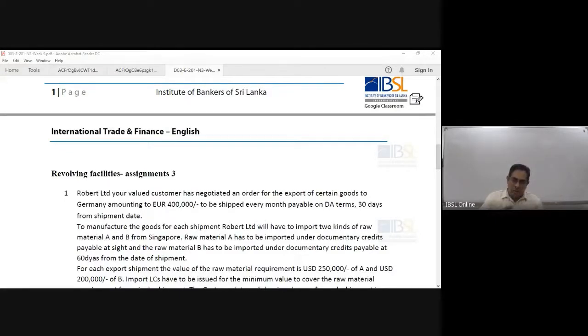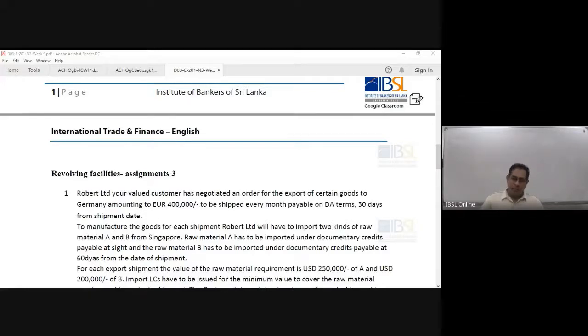So it will be unloaded and reloaded to another vessel, and on the second leg, that vessel will move towards the destination. So there could be handling errors, damage of goods, a kind of thing. Buyer doesn't have anything to do with it. It's a seller's risk. Seller's risk, right?